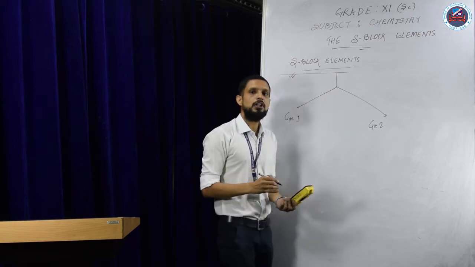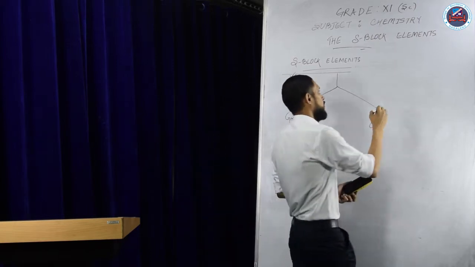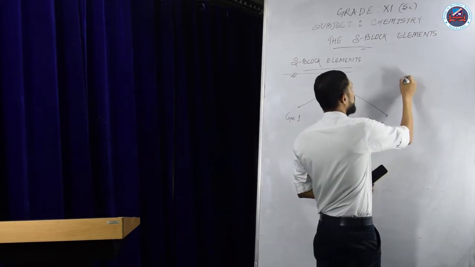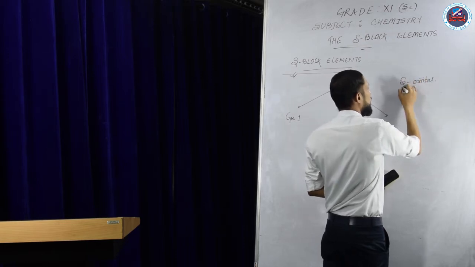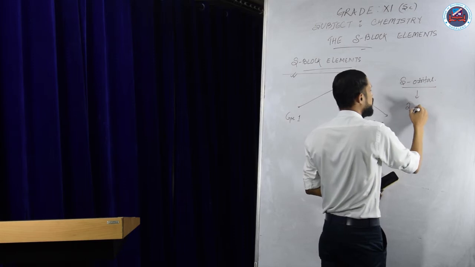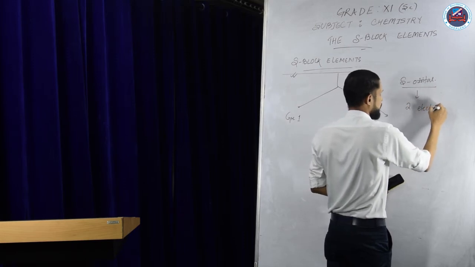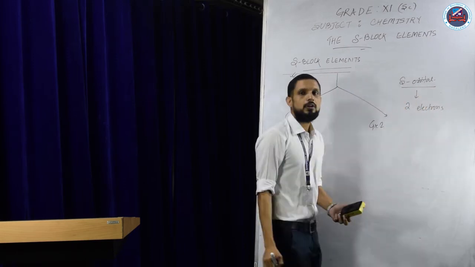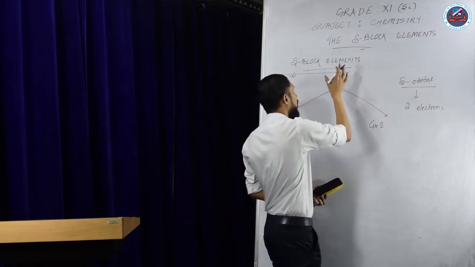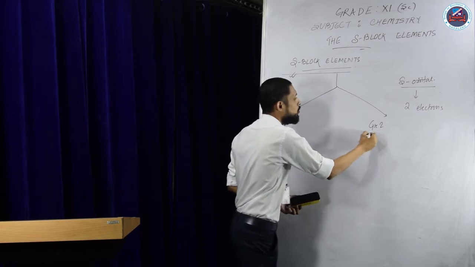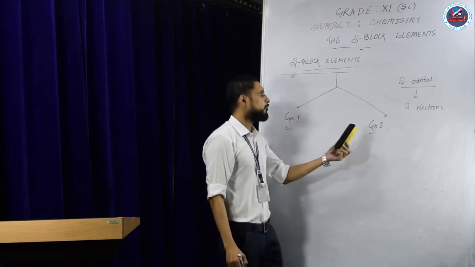Now why only 2 groups? If you check the capacity of s orbital, it can take maximum 2 electrons. That's why under s block you have 2 groups, group 1 and group 2.